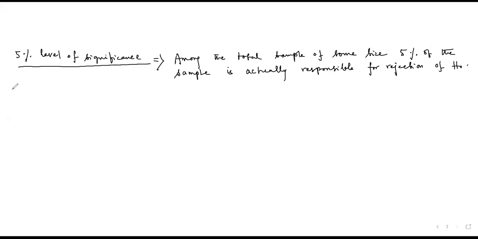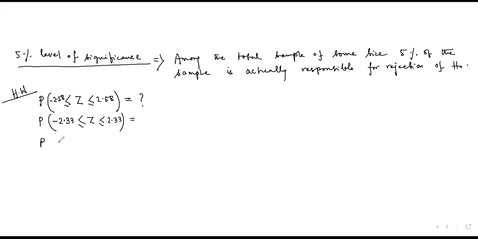How can you calculate? This is a very brief homework that you can go for. Try to find out what is the probability that Z will lie between minus 2.58 and plus 2.58. Try to find this probability from the normal curve. Also try to find the probability that Z will lie between minus 2.3 and plus 2.3.